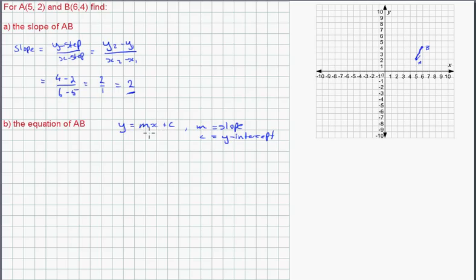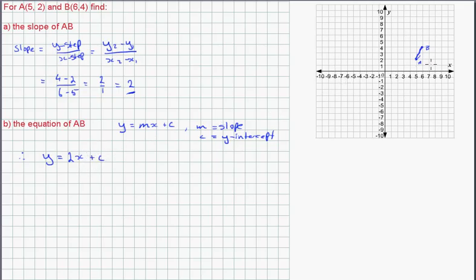This is great because we know the slope, we just worked it out. So we can put together our equation piece by piece, and the first piece we add is the slope. We know that m in this case is 2, so we know y is 2x plus c. So we still don't know what c is.